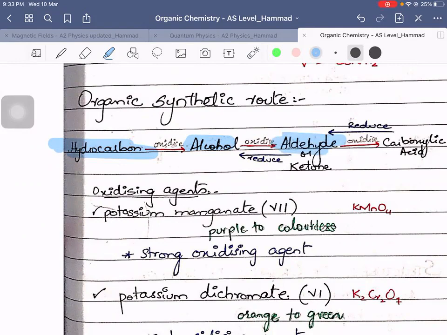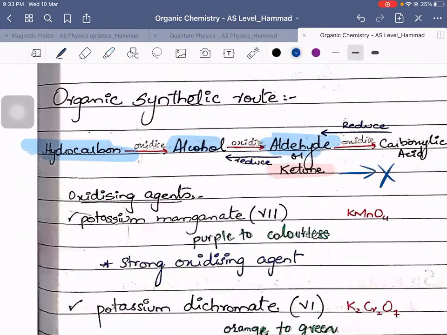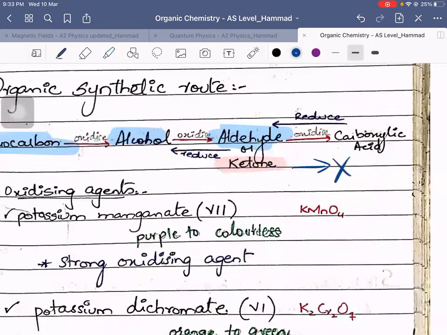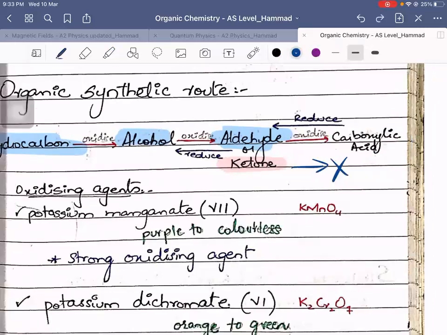Please understand that there is no moving forward from the ketone. But an aldehyde, when oxidized further, would give a carboxylic acid. In O levels, you used to study that alcohol when oxidized would convert into carboxylic acid.